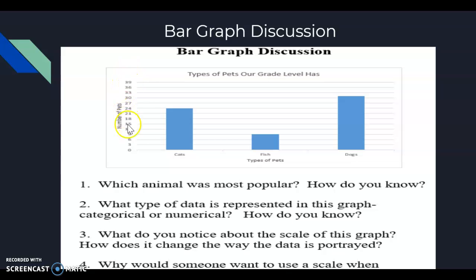So the data includes large numbers, and it may not fit on the graph if they went in order. For instance, if they went 1, 2, 3, 4, 5, 6, 7, all the way up, then it wouldn't fit on the actual screen here.